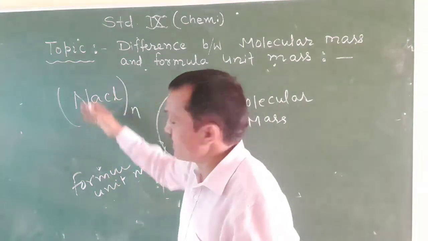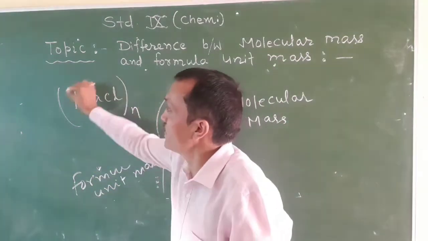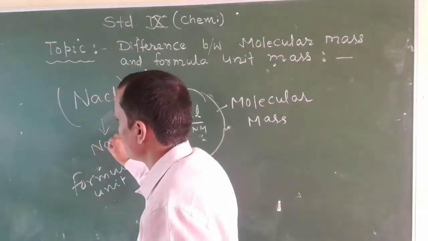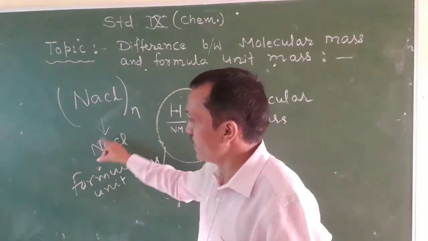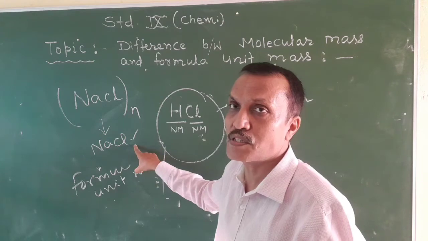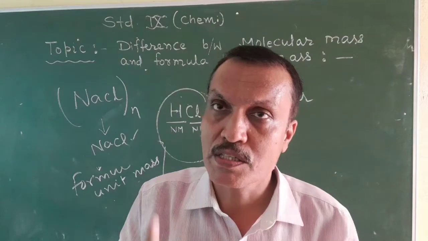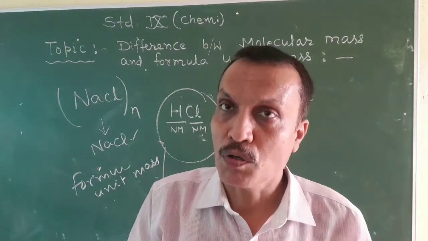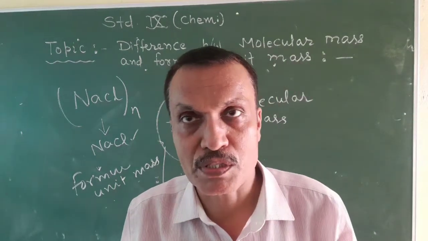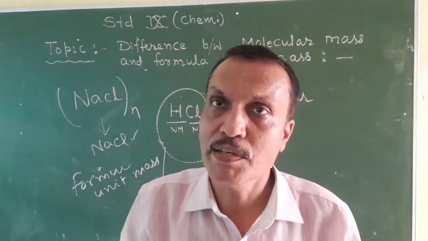So as they exist in lattices, to calculate the mass, one unit is taken out, and by calculating its mass, we read this mass as formula unit mass. Okay, so my dear students, the term formula unit mass should be used for compounds made of metallic and non-metallic atoms.